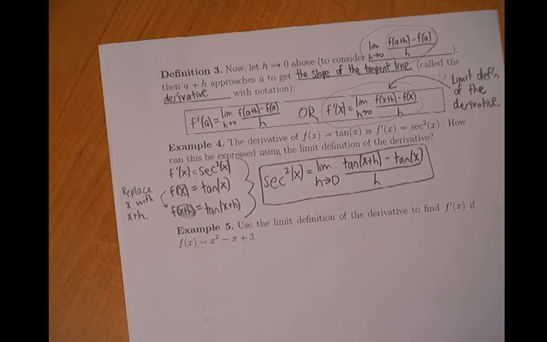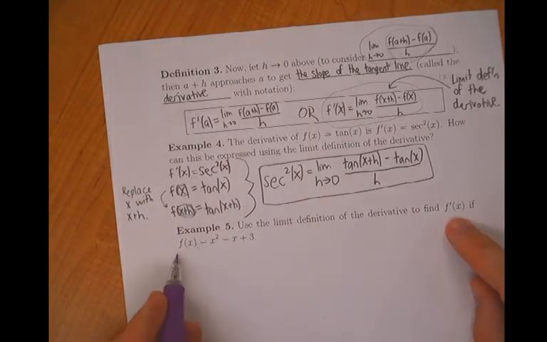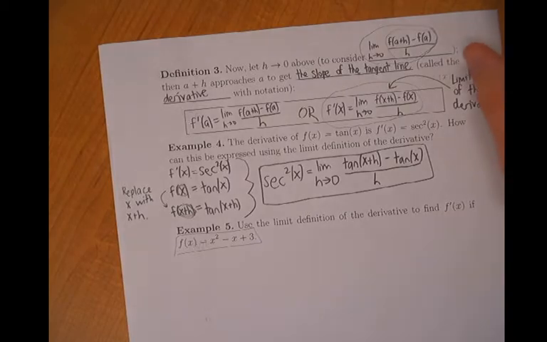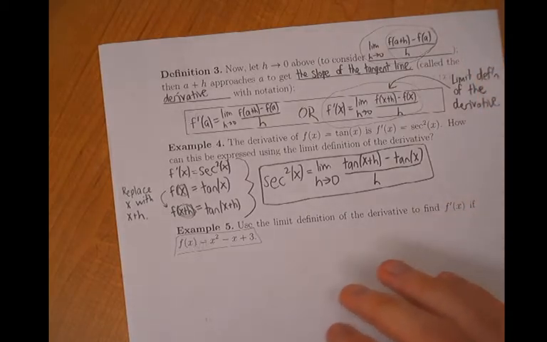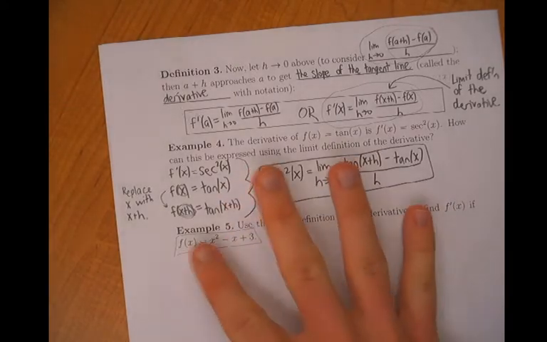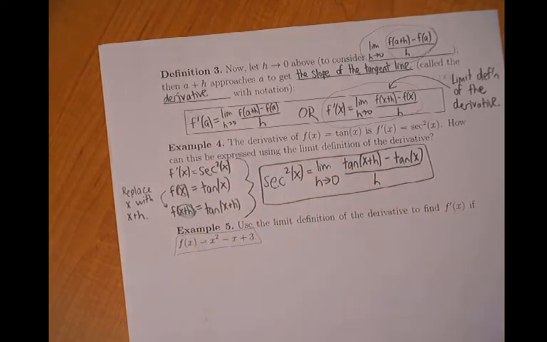In example 5, we're going to use the limit definition of the derivative to find f prime of x if f of x equals x squared minus x plus 3. In the homework, you'll notice that this type of problem is broken up into 4 steps, so to be consistent with the homework, we're also going to break it up into those same 4 steps.